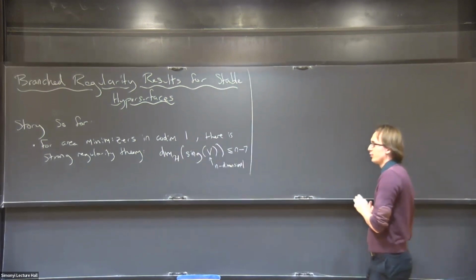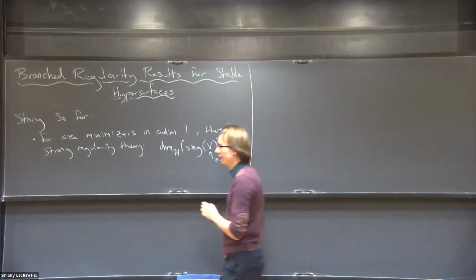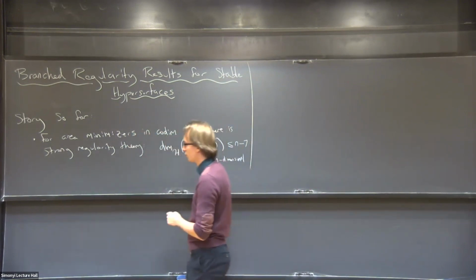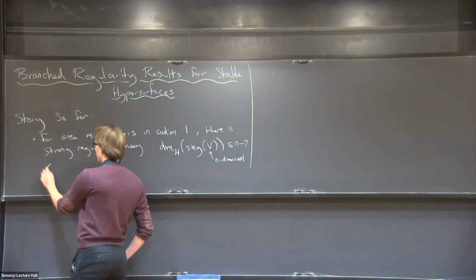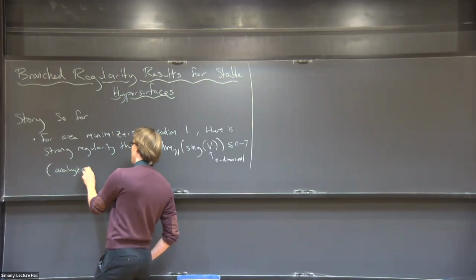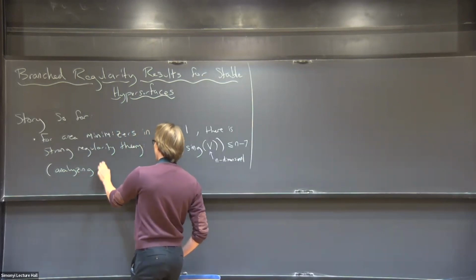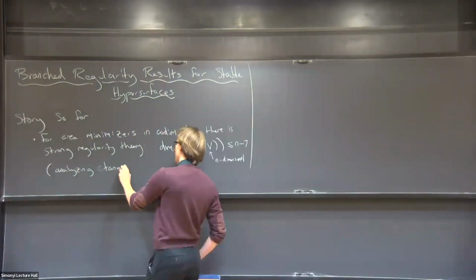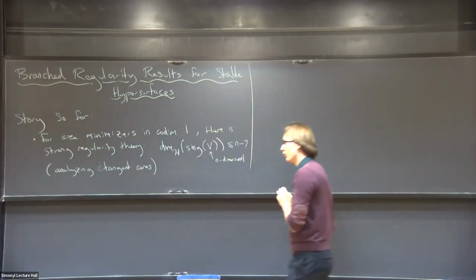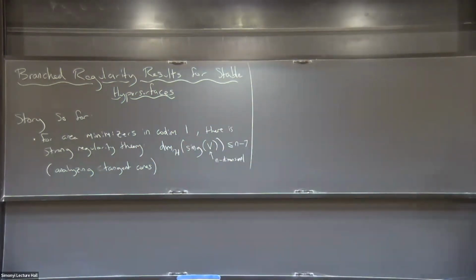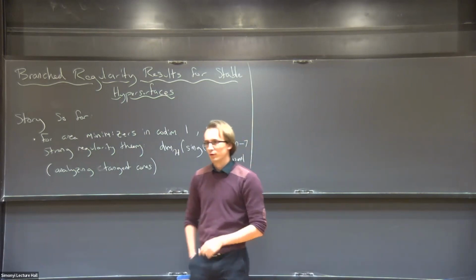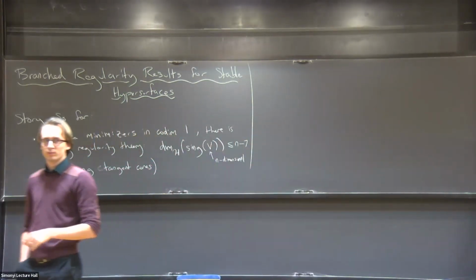And this can be proved using, nowadays, relatively soft arguments based on just analyzing certain tangent cones that arise. You can rule out that many tangent cones happen in this case. And then there's this dimension reduction argument of Federer, which knocks the dimension down to a codimension 7 set.